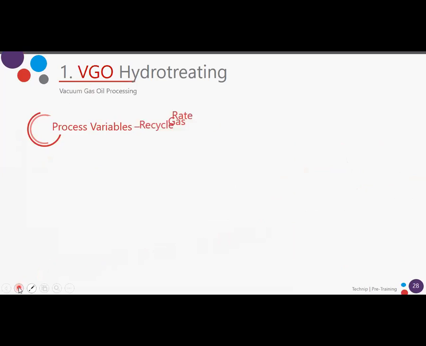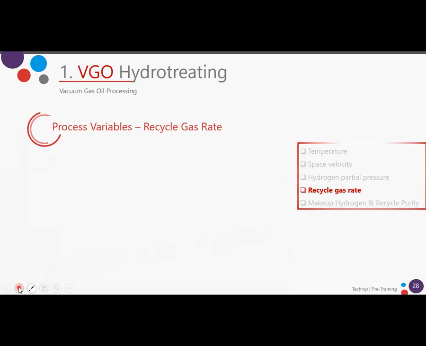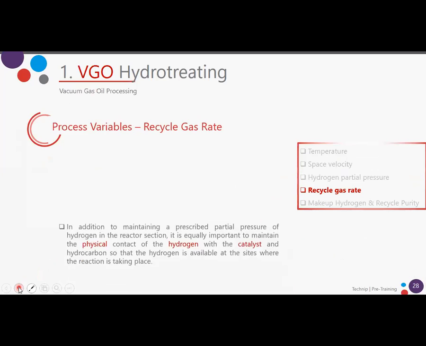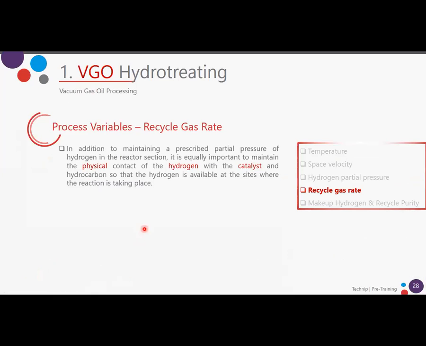Another variable that is important is the recycled gas rate. So in addition to maintaining the partial pressure of the hydrogen, it is also important to maintain the physical contact of the hydrogen with the catalyst so that the hydrogen is available at the sites where the reaction is taking place.